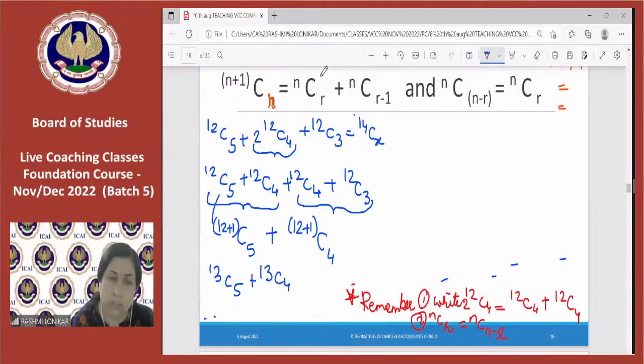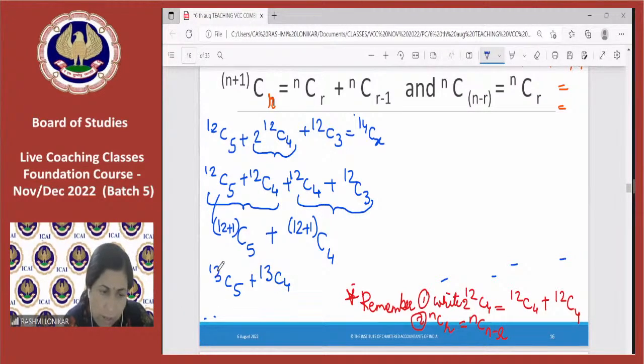Again, I can use this formula NCR plus NCR minus 1. So this is 5, this is 4. N is 13. R is 5 because this is R and this is R minus 1.